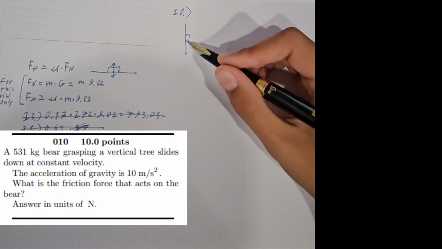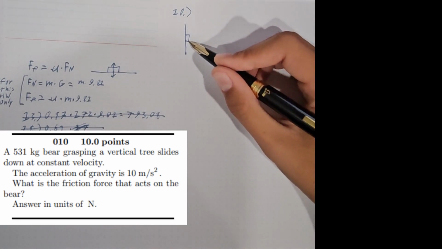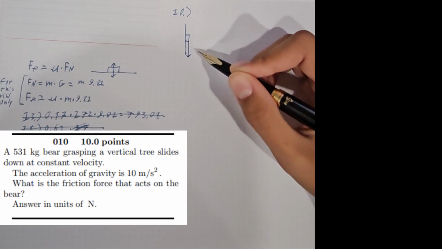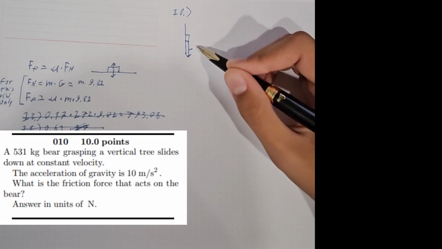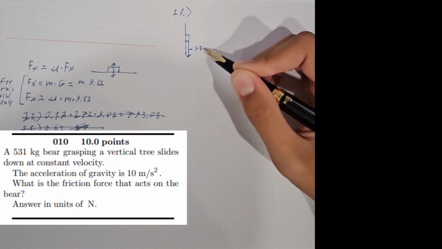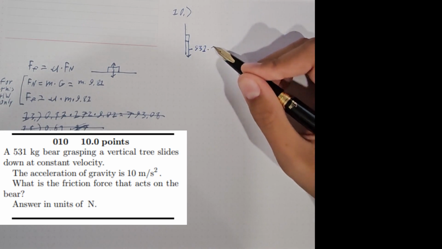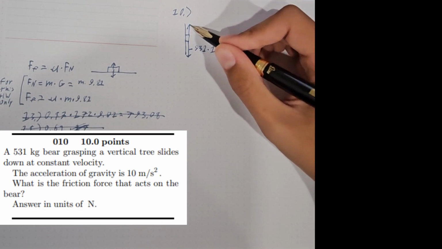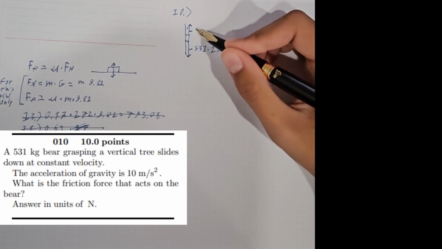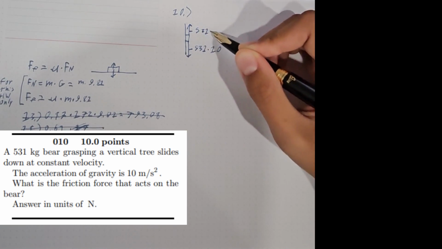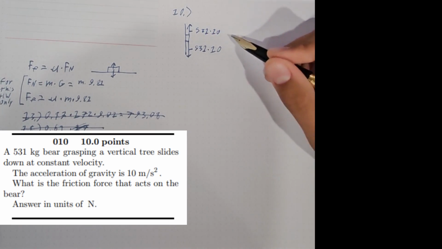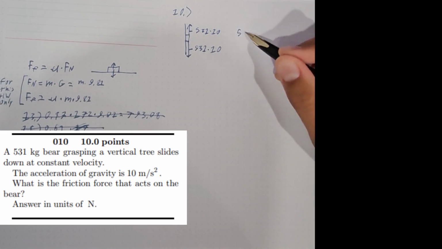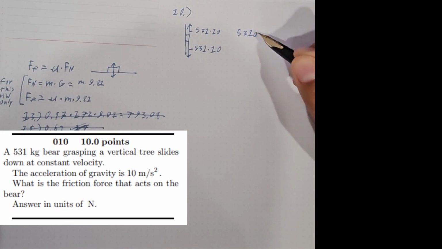So the force downwards, or the weight of this bear, is going to be 531 times 10. And for the net forces to equal 0, the force of friction pulling the bear back up also has to be 531 times 10, which means my answer for this question is 5,310.